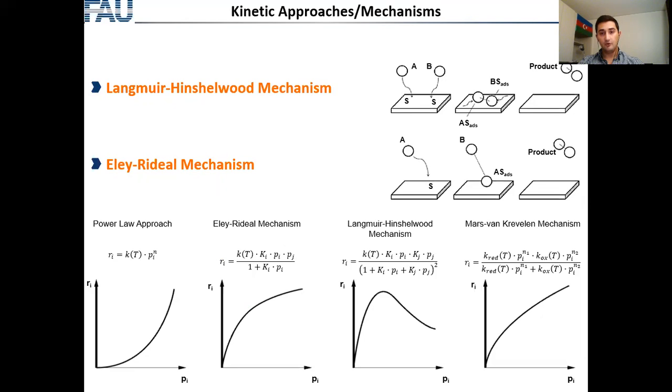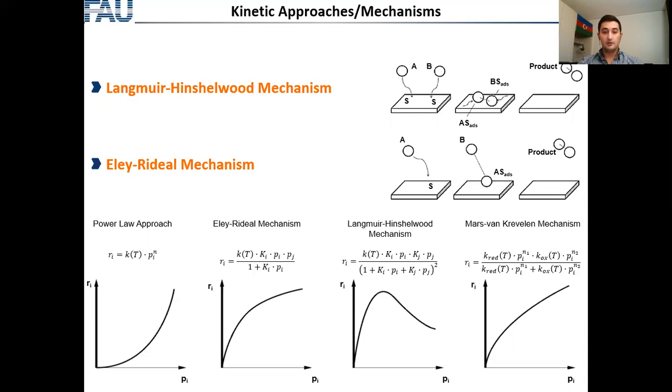The applicability of a certain kinetic approach for the given reaction can be determined by tracking the dependence of the reaction rate on the partial pressure of the reactants. Or one can take this data from the available, let's say, past kinetic studies.